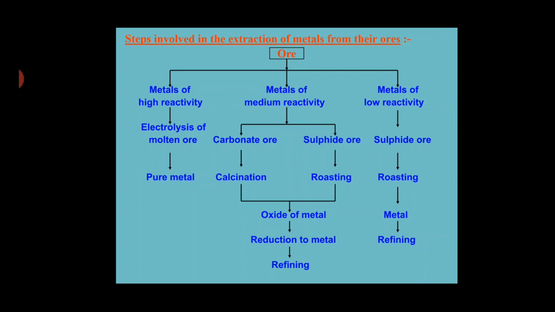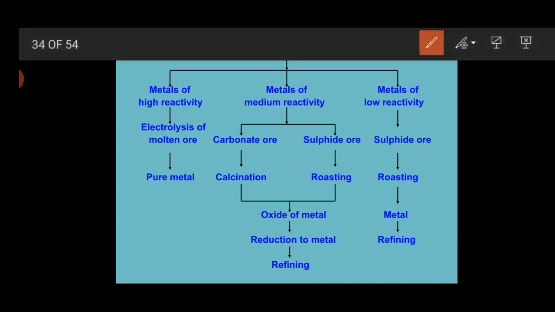Always, the highly reactive metals undergo the electrolysis process, and then we are able to get a purified form of metal. Metals of medium reactivity are mostly present in our environment in two forms, that is carbonate form or sulfide form. So the extraction becomes a bit difficult. So we perform the conversion process with the help of calcination and roasting.